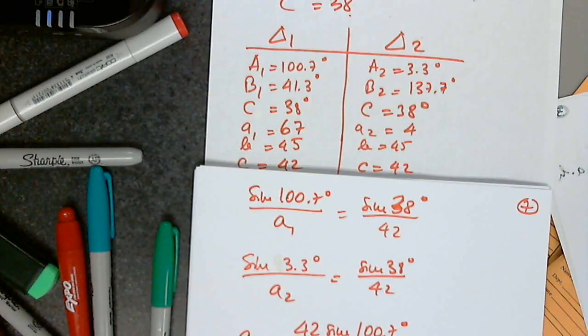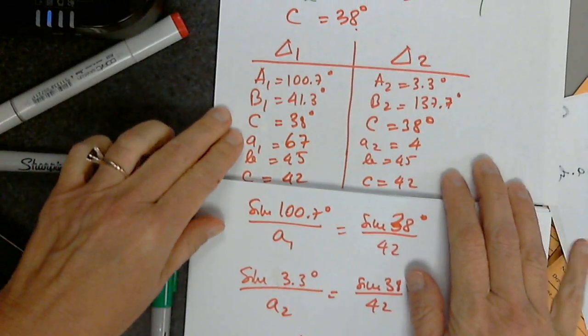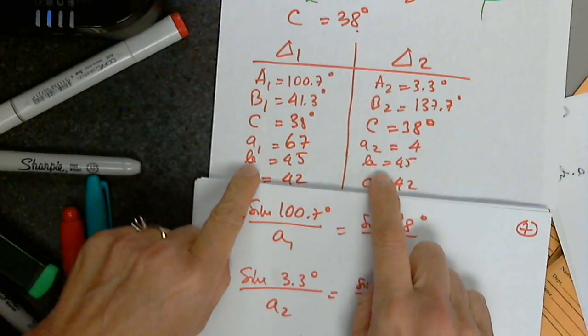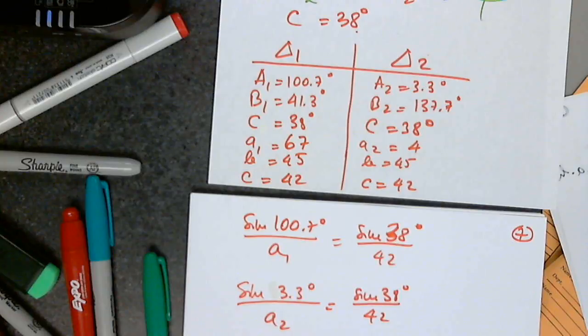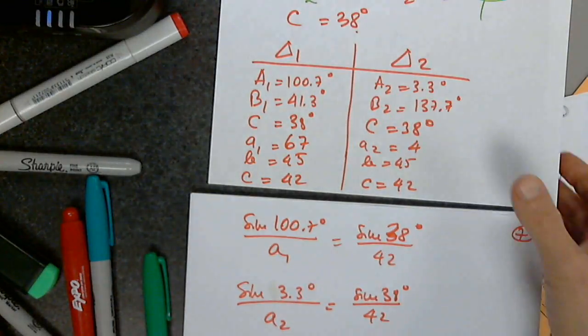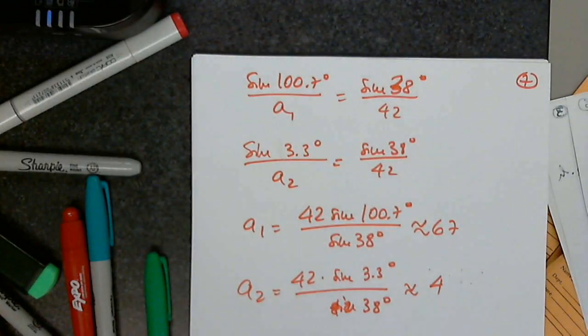And both triangles fulfill all conditions given in the problem, because they have the same angle C, the same lowercase b, and the same lowercase c. This happens only in the ambiguous case, only if I'm given a side and an angle. All the other cases have two possibilities: the triangle exists or it does not.